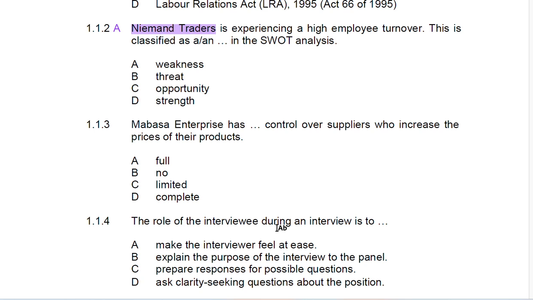Now we're going to move to the next question that follows. It's 1.1.3, and 1.1.3 says Mabasa Enterprise has control over suppliers who increase the price of their products. And then we are provided again 4 answers, A, B, C, and D. When you're looking at this, A says full, B says no, C says limited, and D says complete.